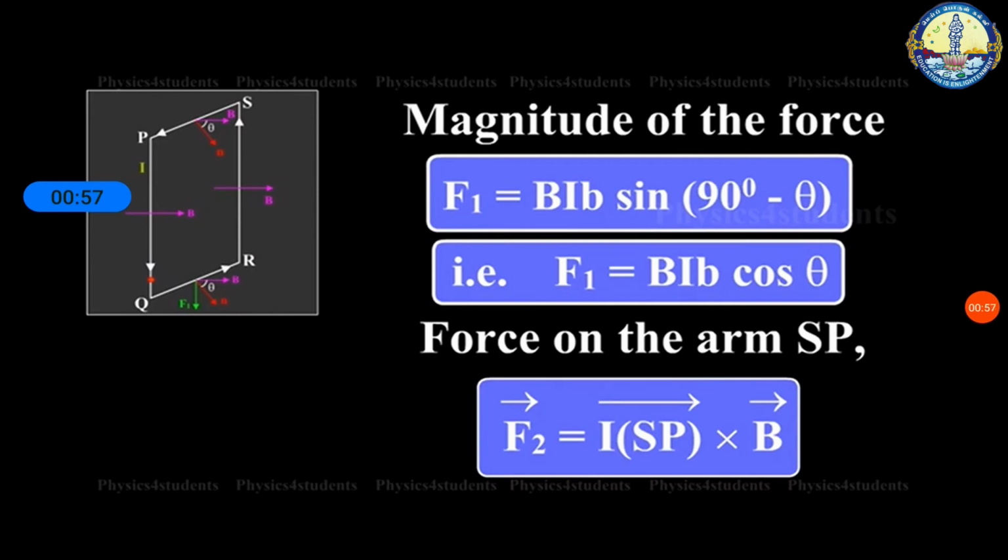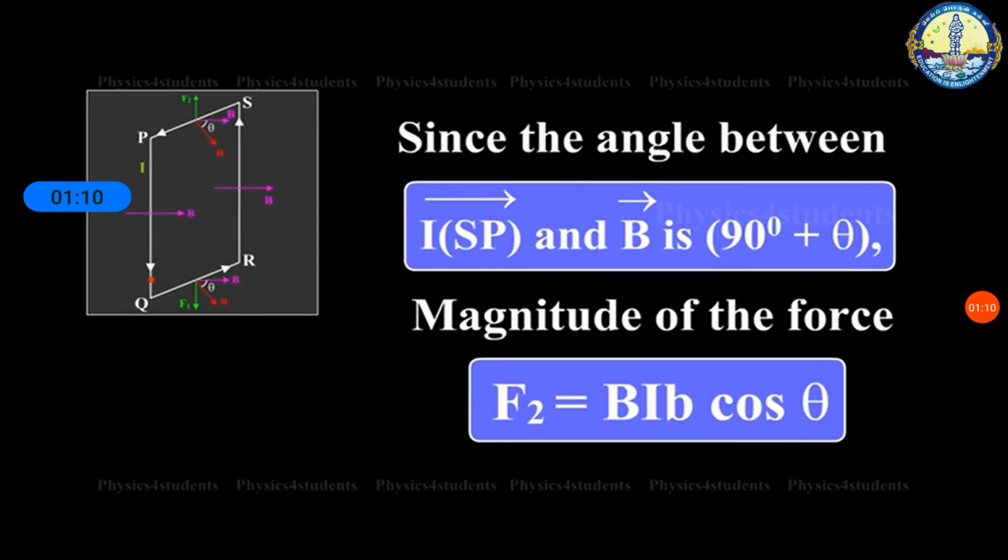That is, F1 equals BIb cos theta. Force on the arm SP, vector F2 equals I into SP cross B vector. Since the angle between I into SP and vector B is 90 degrees plus theta, the magnitude of the force F2 is equal to BIb cos theta.